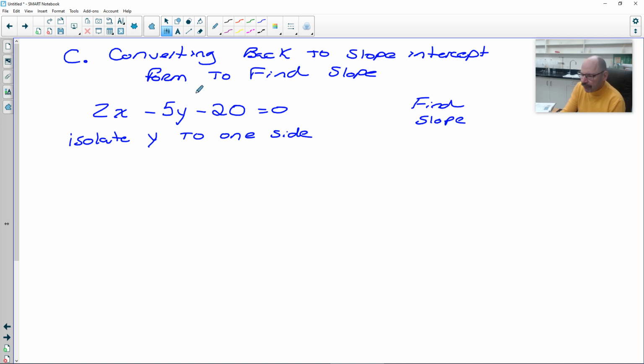So I'm going to add 5y to both sides. Reason I'm doing that is because I only have to move one variable. So I got 2x minus 20 equals 5y.